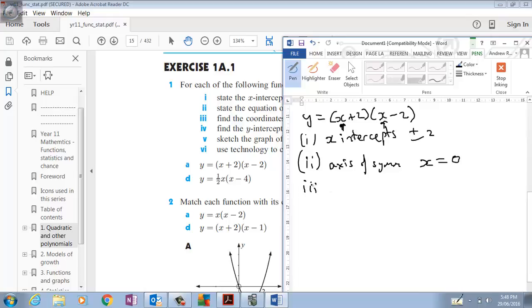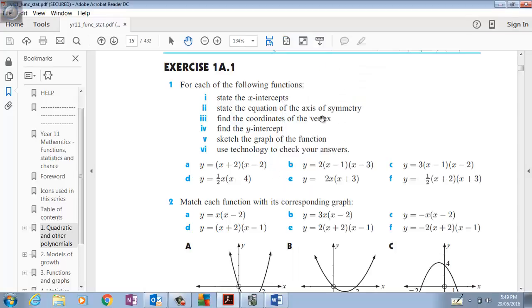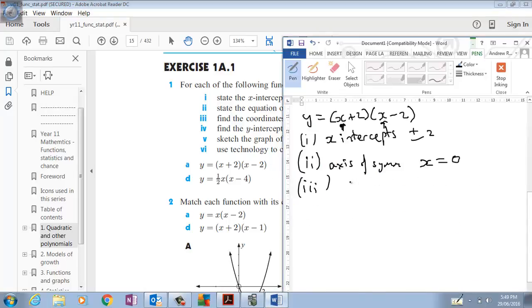Part 3, find the coordinates of the vertex. Now the vertex, we first of all find the x-coordinate of the vertex. The x-coordinate will be the same as the axis of symmetry, because that's where the vertex lies. It lies on the axis of symmetry.